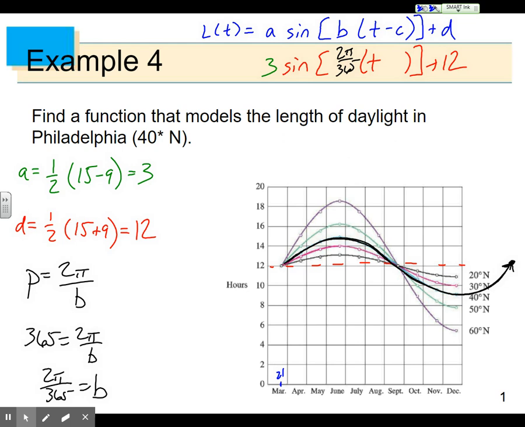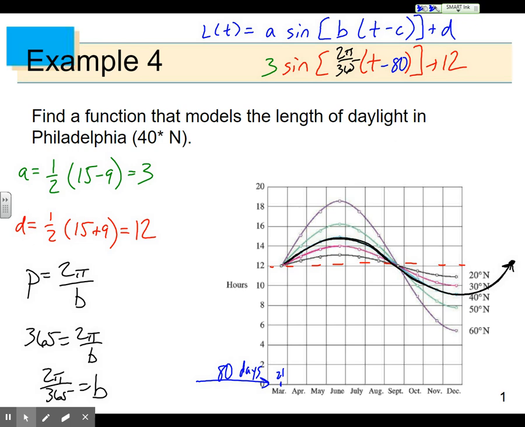That would make sense. And so if that's the first day of spring, this thing has been shifted over that many days. If you don't include a leap year, it's been moved over 80 days. March 21st is the 80th day of the year. So I think it makes sense if I just put a minus 80 right there. It's been shifted over that far.